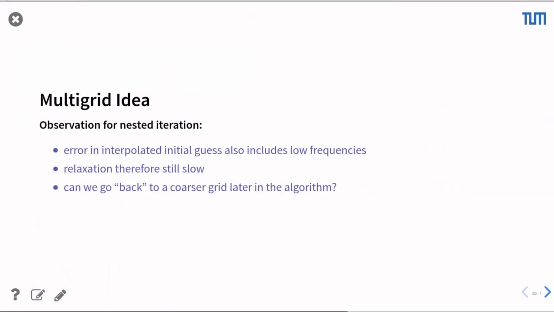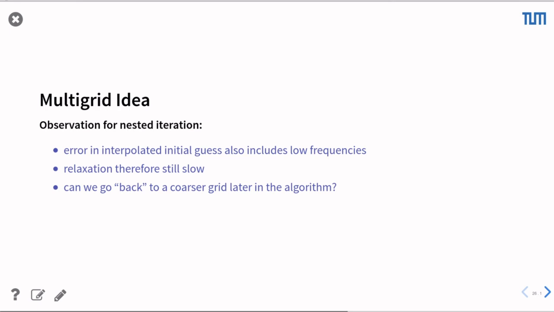So we come to the multigrid idea, or rather the second idea, because the first multigrid idea was to create this hierarchy and then to use these as initial guesses. So what we've observed here is that the error in the interpolated initial guess still includes low frequencies. And the coarse mesh was just there to remove those low frequencies.